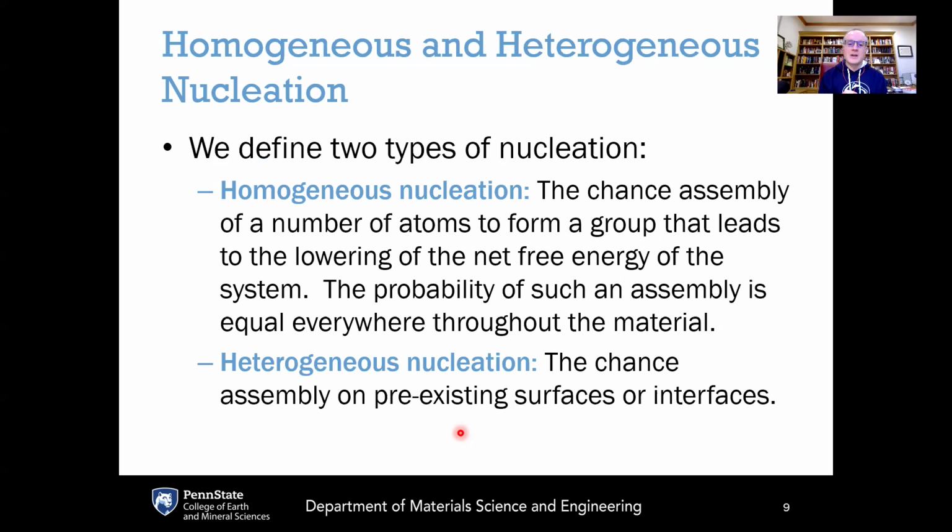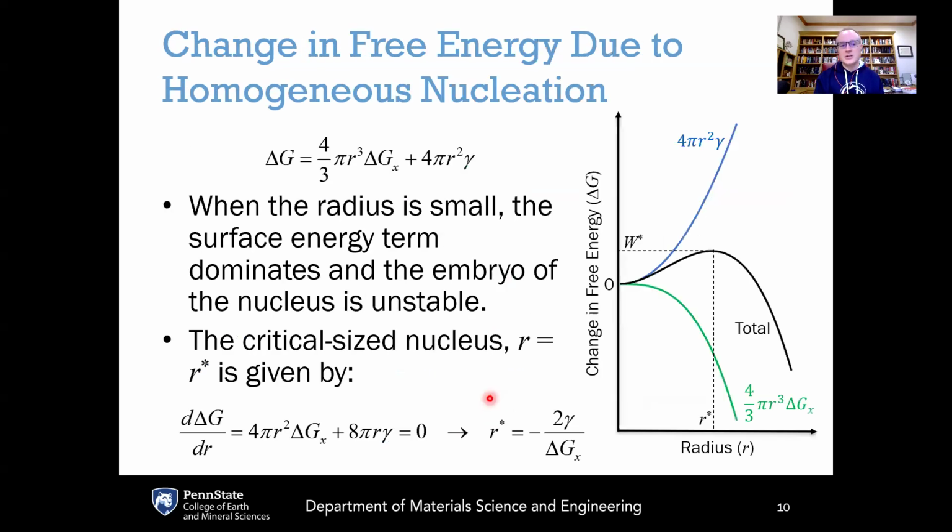So if you have any types of surfaces or interfaces, this might be the wall of the container, or maybe the surface that's exposed to air, or maybe you've seeded the liquid with some initial crystals to start. Any of these things can provide surfaces that lower the thermodynamic barrier for nucleation. And in that case, nucleation that occurs at those interfaces or surfaces is called heterogeneous nucleation.